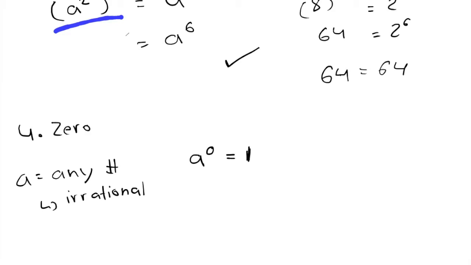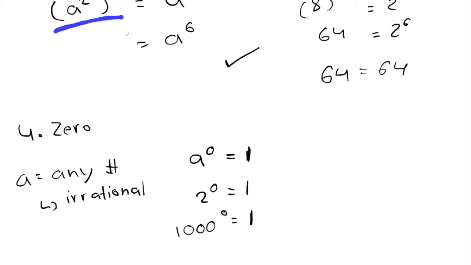So this means if you have 2 to the power of 0, the answer is 1. If you have 1,000 to the power of 0, the answer is 1. Well, some of you may ask, the curious ones will ask, why is it always 1? Why is anything to the power of 0 always 1, not 0? Well, what you're basically asking is, a power is basically how many times you're multiplying the base by itself.